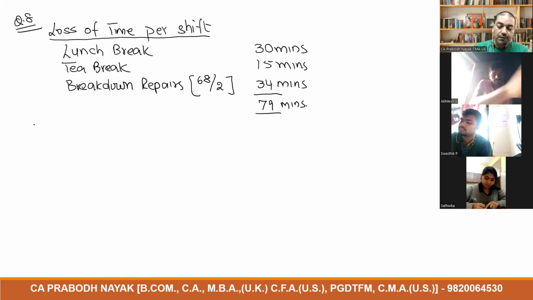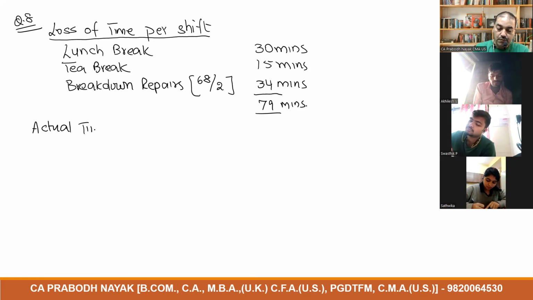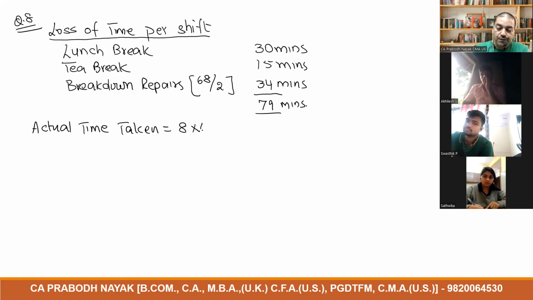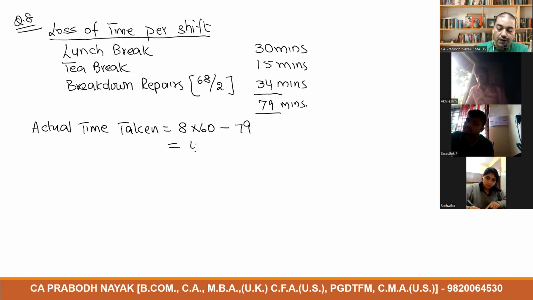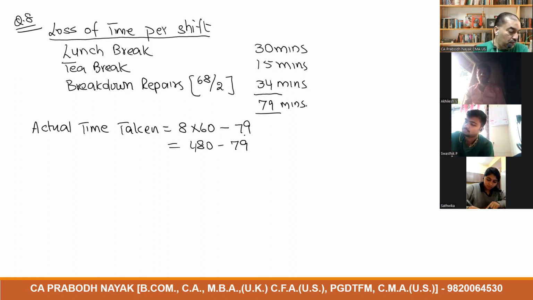Actual time taken is equal to 8 into 60 minus 79. That is 480 minus 79, 401.